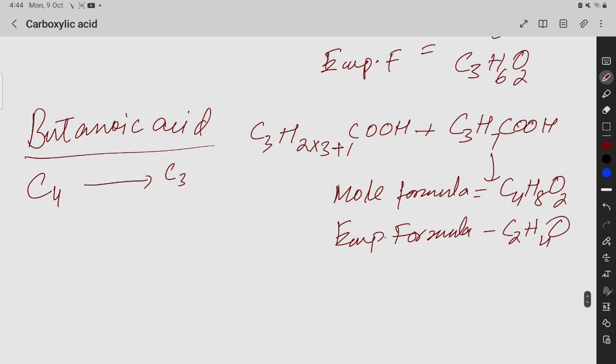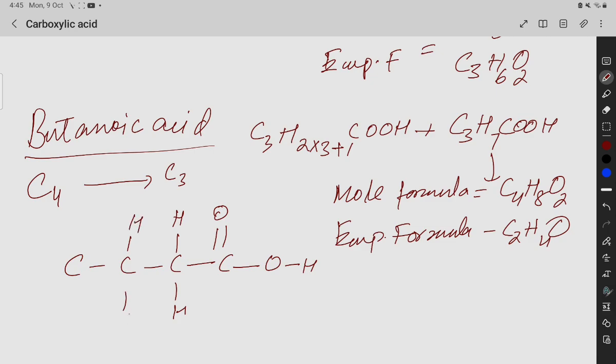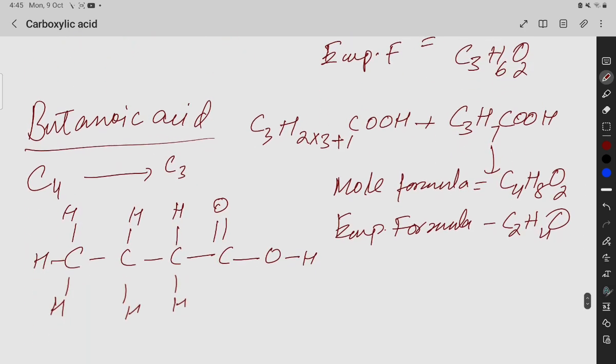So this then structural formula is C. लास्ट पे आप डबल बॉन्ड लगा दो लास्ट कार्बन पे, उसके साथ OH, और रेस्ट जो है वो आर सेटिस्फाइड बाय हैविंग हाइड्रोजन बॉन्ड. Is that clear? Yes. This is butanoic acid.